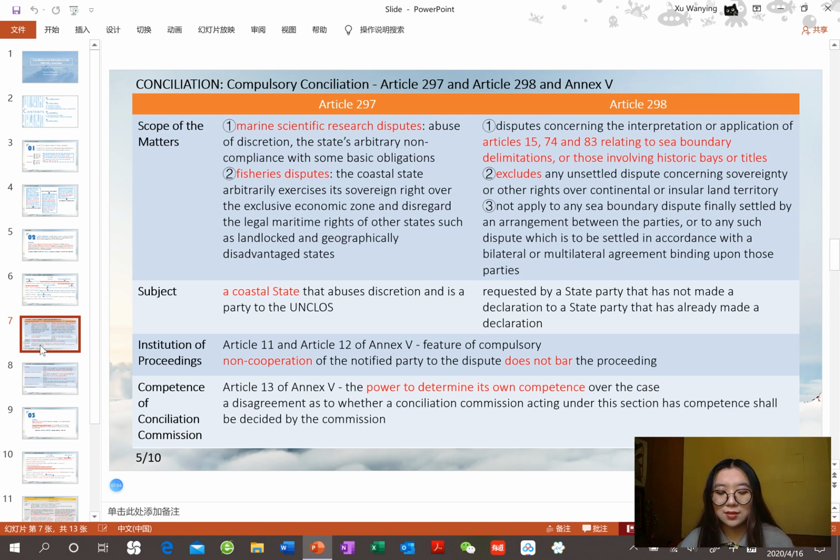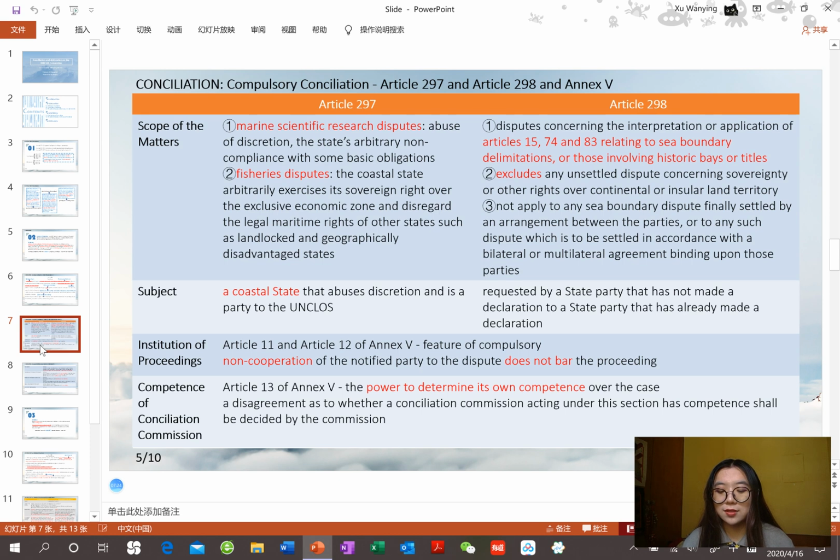Thirdly, the start of compulsory conciliation is self-contained. The non-cooperation of the notified party to the dispute does not bar the proceeding. It, in fact, gives the dispute parties the power to unilaterally institute compulsory conciliation proceedings.